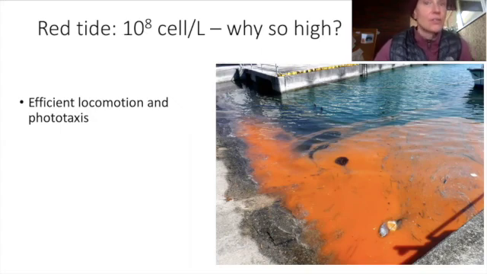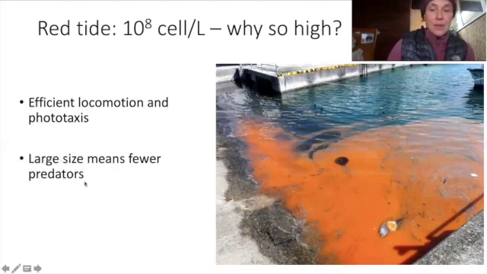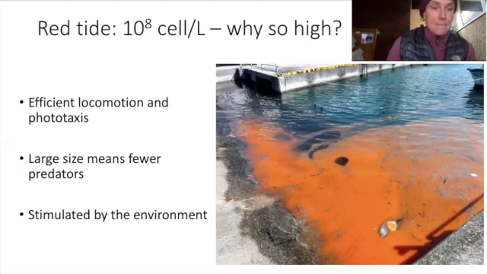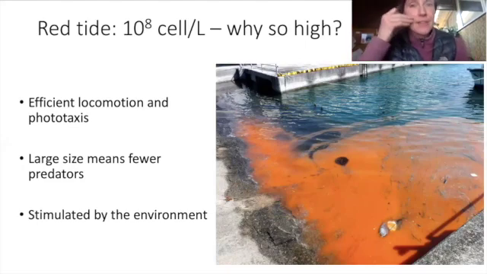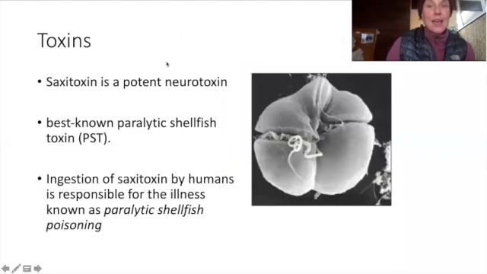They can find the nutrients, they can find the sunlight, and they'll all migrate to the same areas when conditions are good. And when they're in a big group together, they're more protected because there are fewer predators. But these big aggregations of dinoflagellates are dictated by environmental conditions. And well, let me get to that in a second.